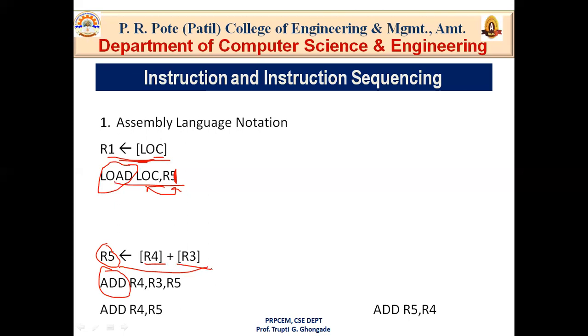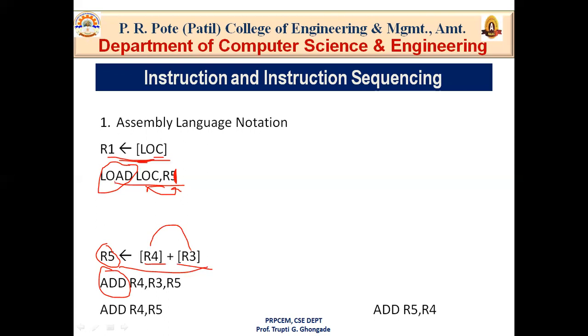The operation we will perform is determined by the opcode. That means when the opcode is add, the operation is addition. When the opcode is subtract, SUB, the operation is subtraction. And what we will add, we will add R4 and R3.